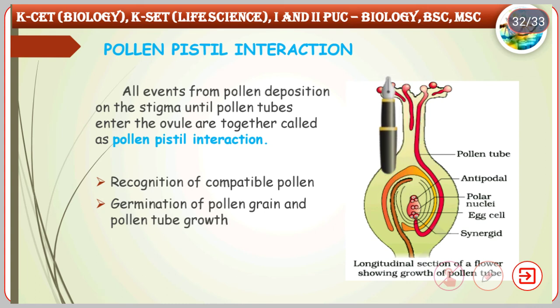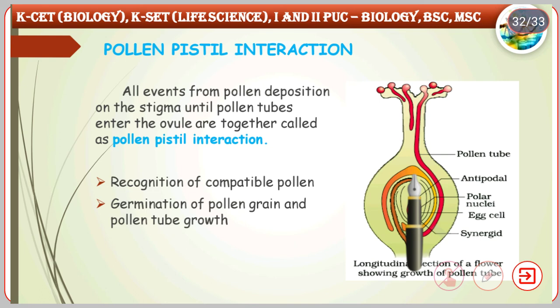You can observe here these red colored roundish structures, those are pollen grains, and this elaborate structure is the pistil, the female reproductive part in the flower. First let us see the definition. All events from the pollen deposition on the stigma until the pollen tube enters the ovule are together called pollen pistil interaction. Did you understand?